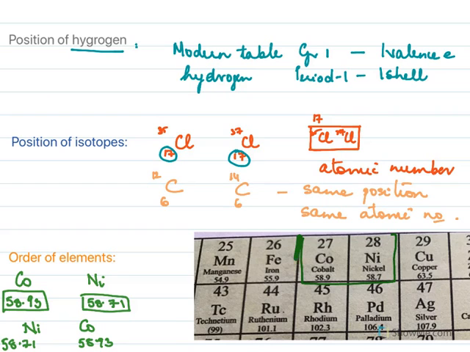And this you could explain because cobalt has 27 and nickel 28. So definitely 27 would come first and then 28. So when you place it according to atomic number, things fell in place rightly. But if you did it according to atomic mass, there were some limitations to the table. So this clearly goes to show that atomic number was a more fundamental property than atomic mass.